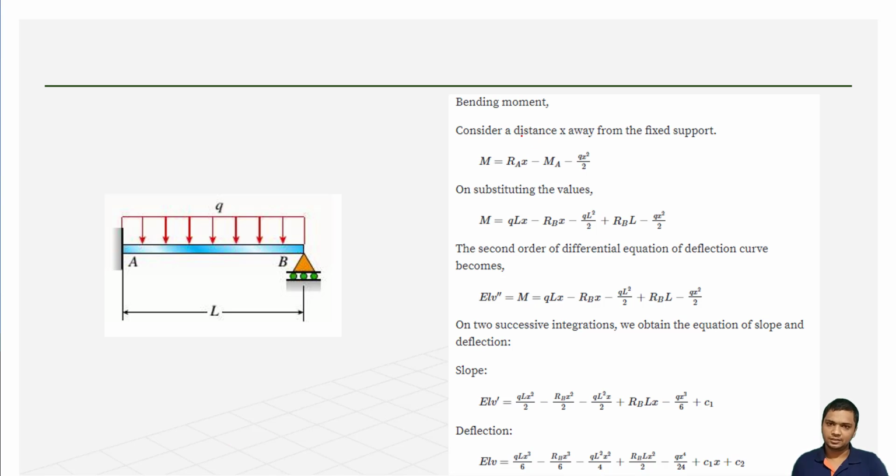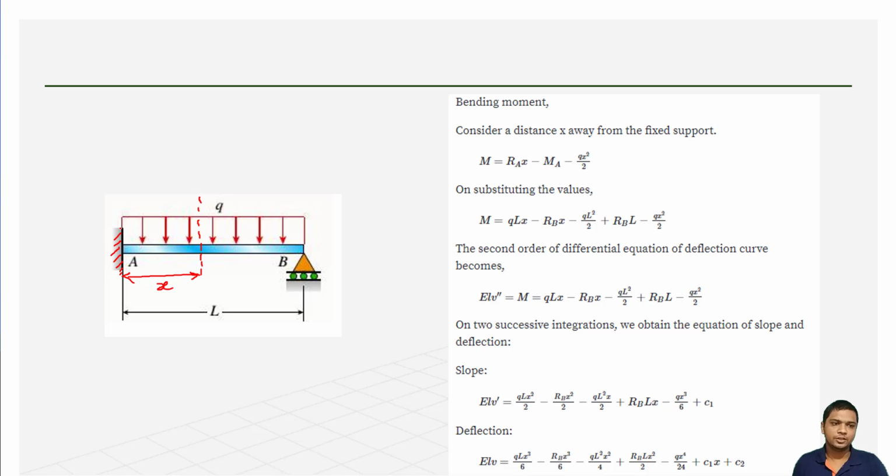Now let's consider some distance x away from this fixed support. The moment about that point will be equal to Ra into x minus Ma minus Q into x square by 2, right? That will be the force and moment at this end.